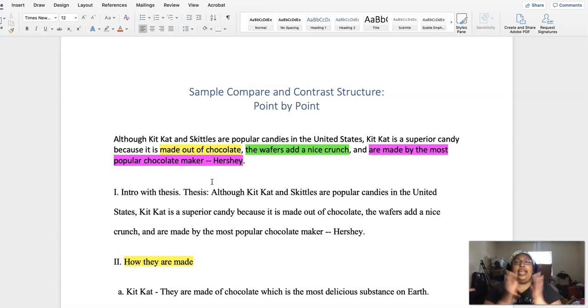Now, I want you to know that the purpose of the outline isn't to make sure that you have the Roman numerals in the right spots. That is not the purpose of an outline. The purpose of an outline is to literally outline what the essay could look like, to know if you have certain things in the right spots. It could be used almost as a checklist: I have to make sure I hit this, this, and this in my essay, or in this particular paragraph.